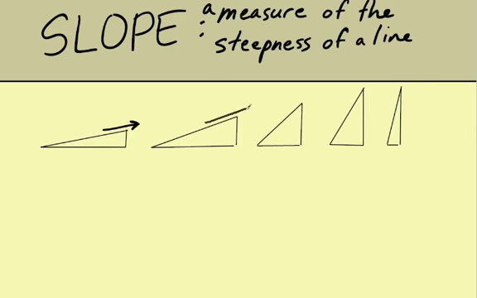This one is pointing a little more upwards, this one is pointing even more, and as we move to the right, the steepness of these lines gets higher and higher. So if we're thinking of steepness, I'll write this out, steepness.